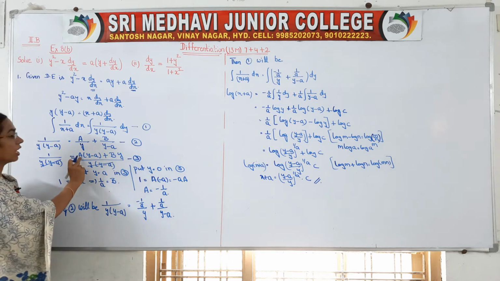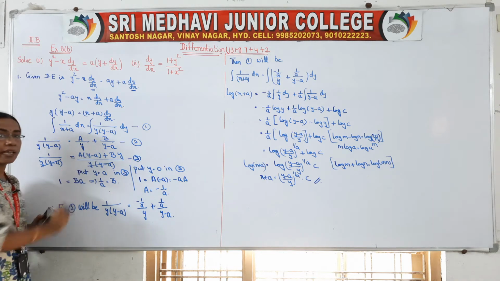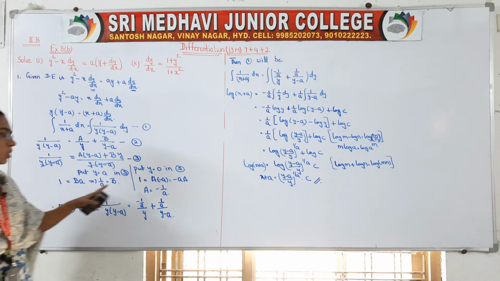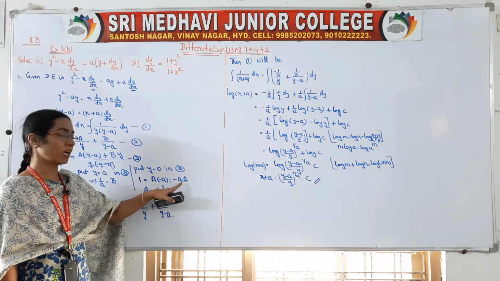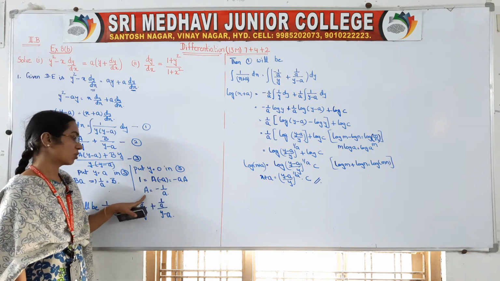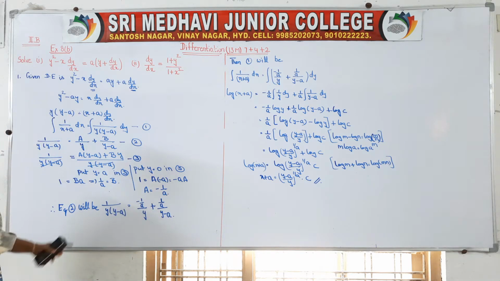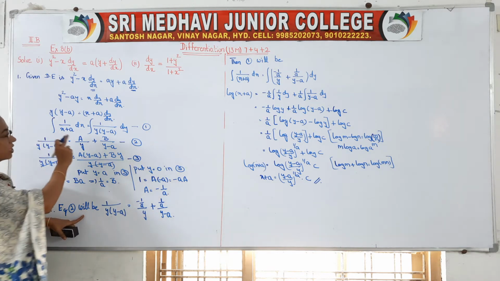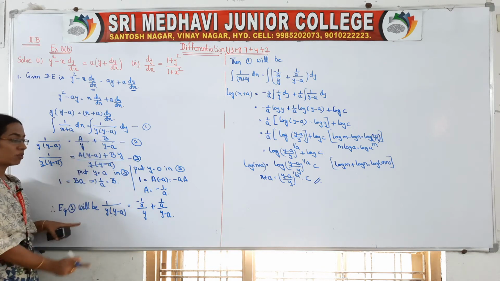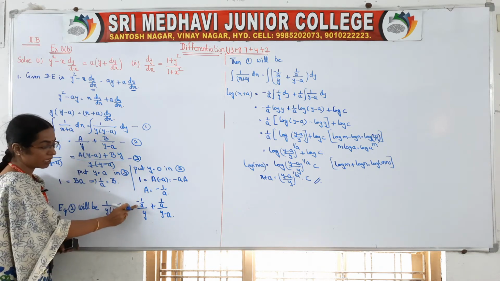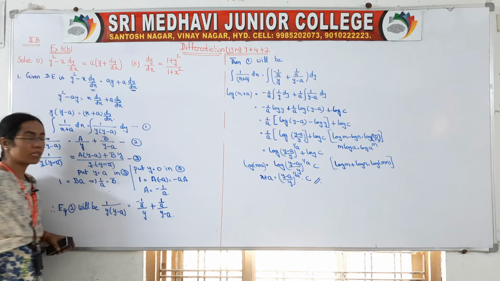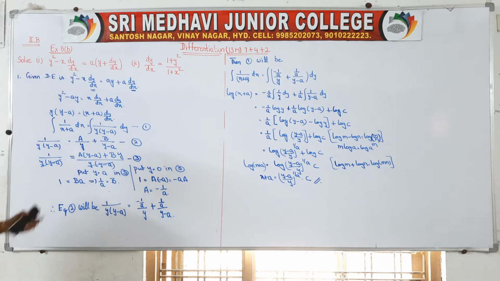So here you have A into (0 minus a), so 1 is equal to minus A a, so capital A is equal to minus 1 by a. After that, in the second equation, in A's place you substitute minus 1 by a and in B's place 1 by a, for y by (y minus a).